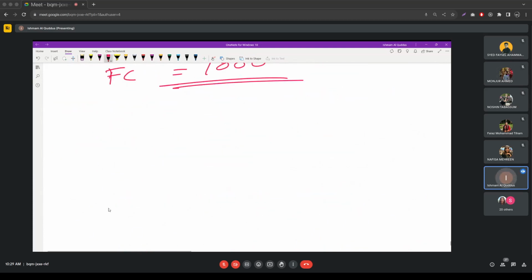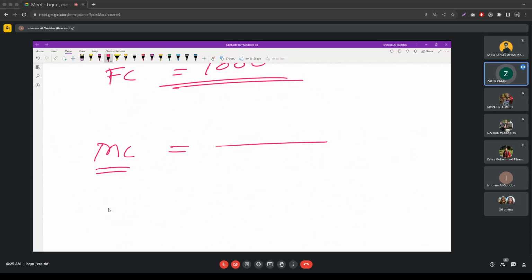Now, what would be the marginal cost? What do you think? Can anyone tell me what could be the formula to calculate the marginal cost? Del TC by del Q. Very good. Del TC by del Q. Excellent.